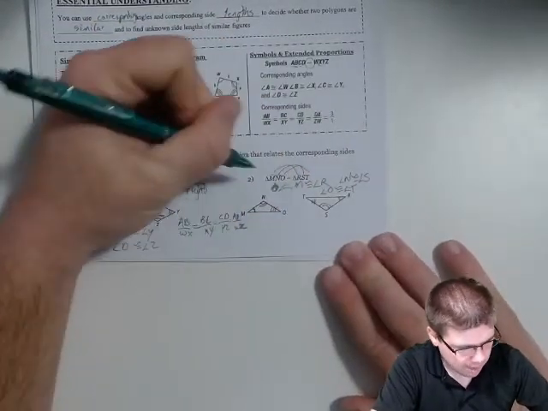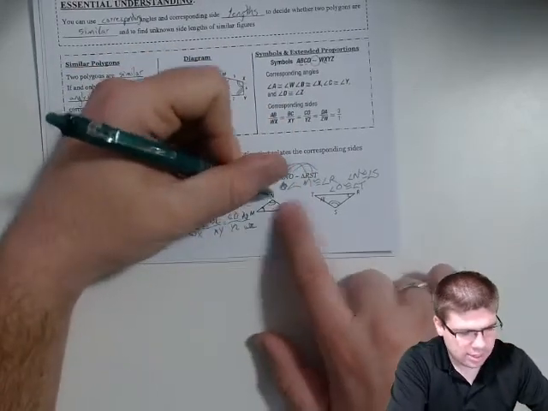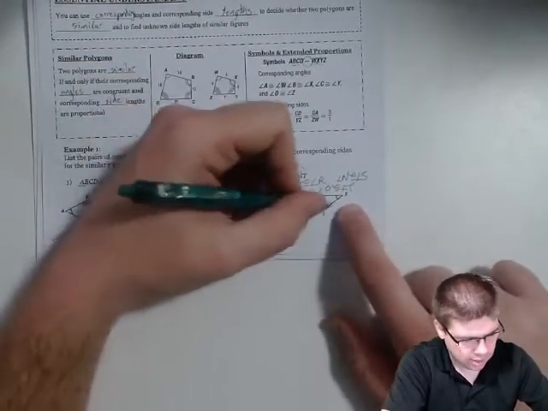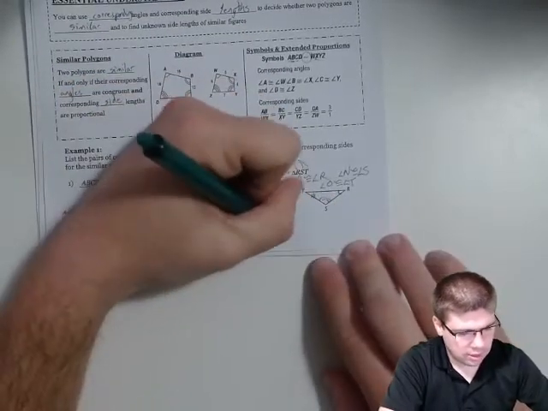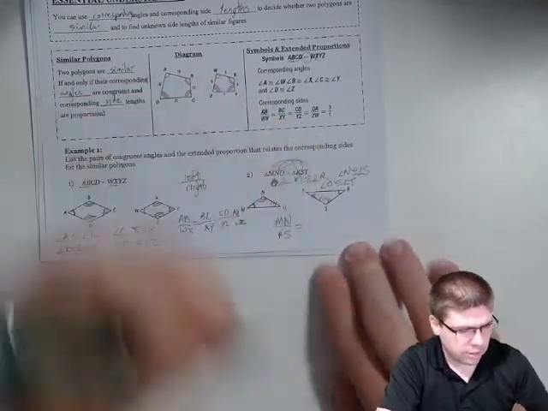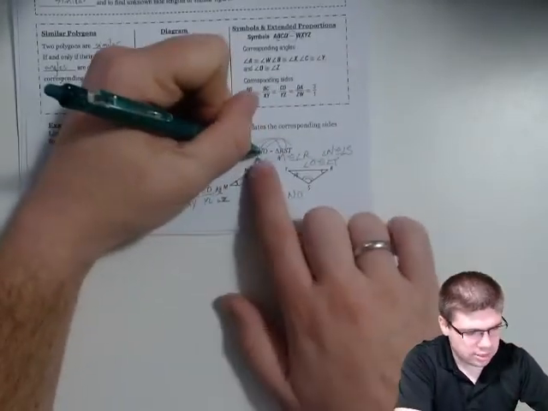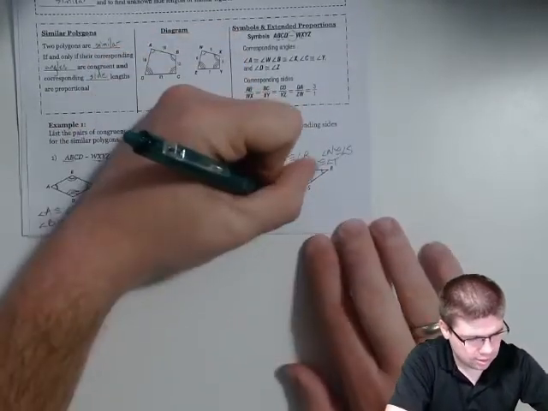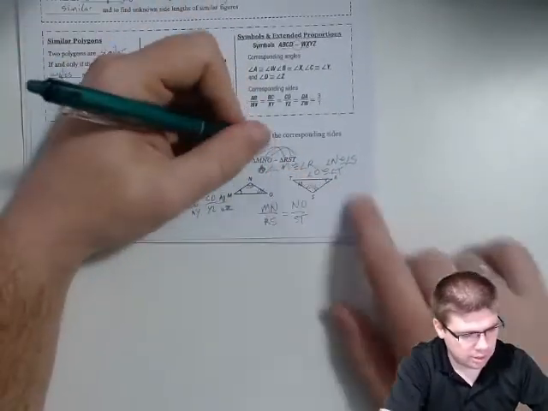So MN, those first two, MN over, and then that goes with RS. I could look at the triangle and see it goes from that 1 congruence marking to 2, 1 to 2. That ratio should match NO over ST. I'm just going to do the second letter, third letter, ST. You don't actually need the picture to help you with this. You can just do it all from the letters up here.